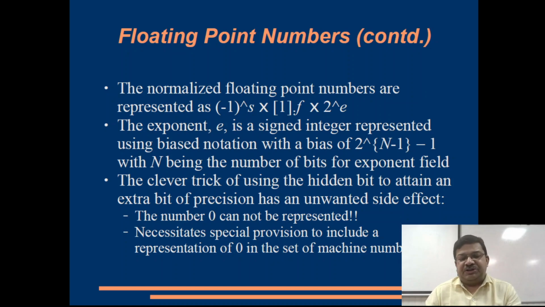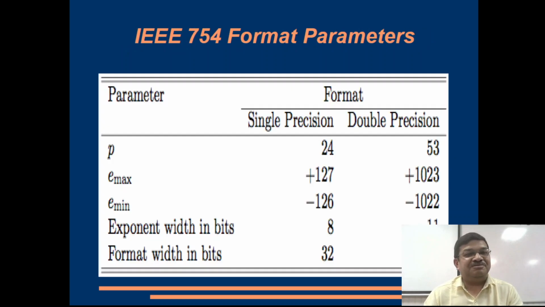And the use of the hidden bit prohibits representation of 0 in floating point representation. So you cannot compute 0, no matter how expensive or powerful your computer is. Doesn't matter if it ranks 1 in the list of supercomputers of the world, it still cannot compute 0. So these are the essential parameters of floating point representation. Single precision has 24 bits of precision, and double precision has 53 bits of precision, including the hidden bit, of course.